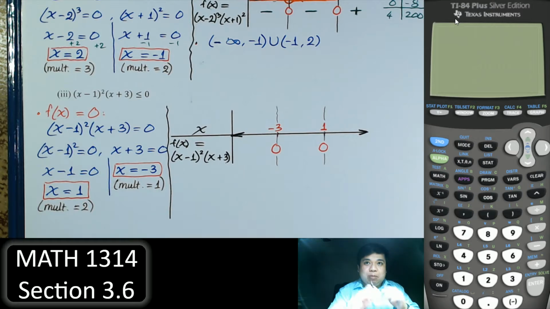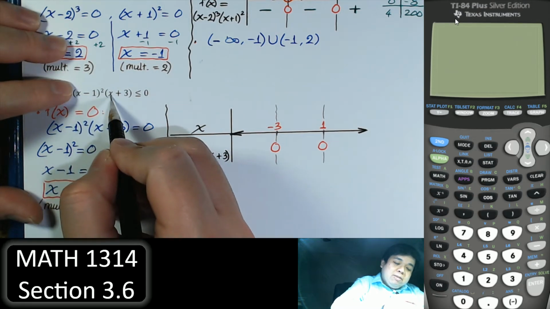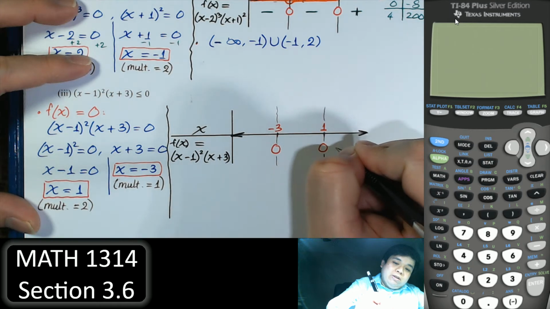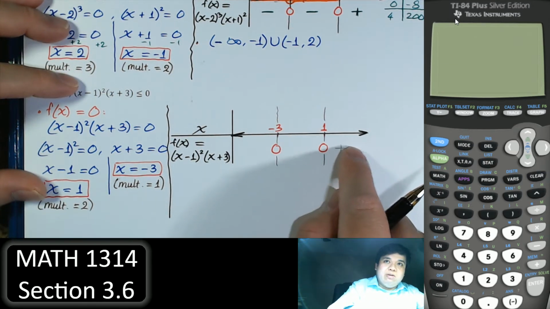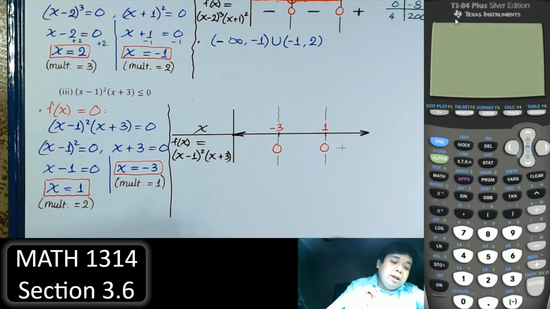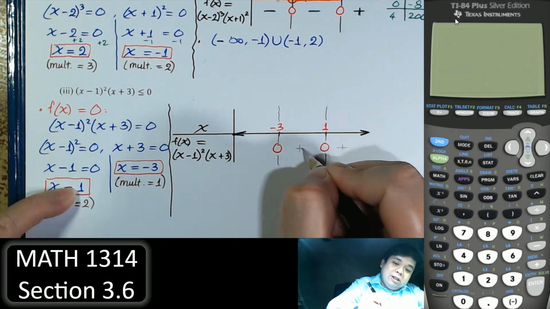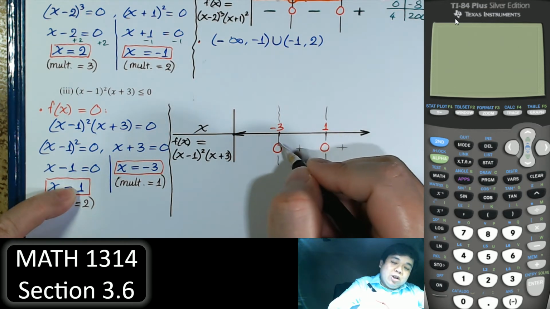The highest power term is x squared times x, so x cubed. When x is a very big positive number, on the rightmost interval, it's going to be positive. And 1 is multiplicity of 2, so close to 1 it's going to be positive.